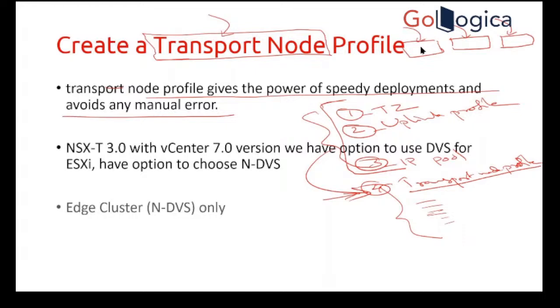Every time I need to tell what transport zone I need to use, what uplink profile, what IP pool, and all other parameters for each and every node. So I'm repeating it. The configuration task is more, and I may create manual errors. To avoid that, we are creating a transport node profile. And from now onwards, whenever I do a host preparation, I will simply say use this transport node profile. No confusion, no mistakes.